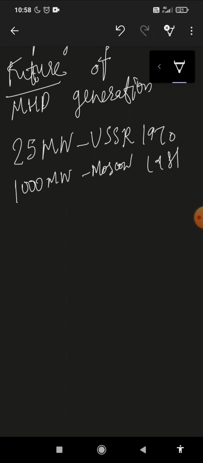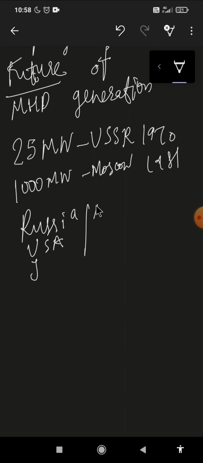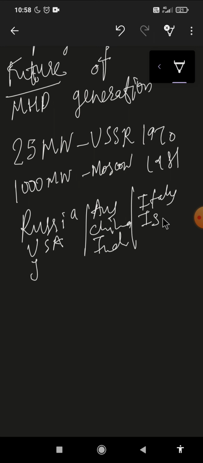The major countries involved with MHD activities are Russia, USA, Japan, Australia, China, India, Italy, Israel, and Poland. So these are the 9 countries which are involved in MHD activities. So let's talk about India.